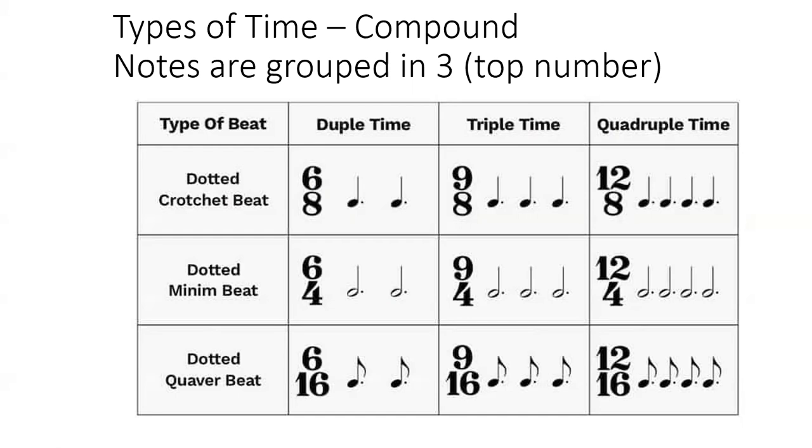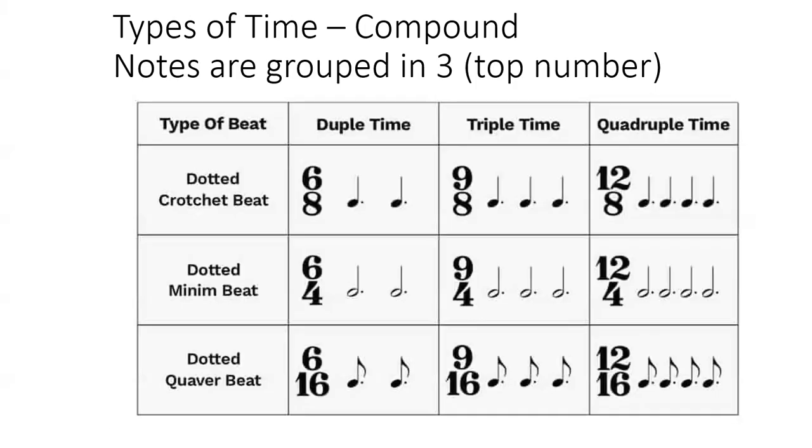So 6/8 is 6 quavers, and because it's divisible by 3, you group them in dotted crotchets. 6 is divisible by 3, so we're doing 2 sets of 3 quavers. To draw a note that's worth 3 quavers, it would be a dotted crotchet.